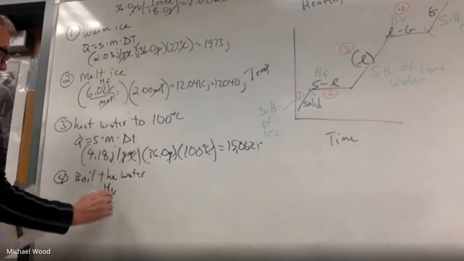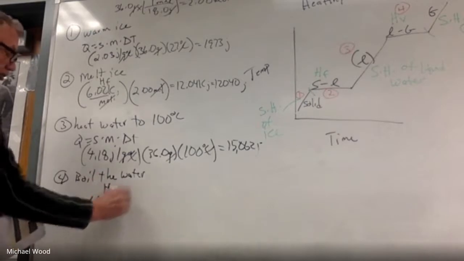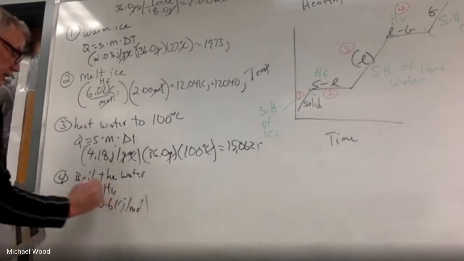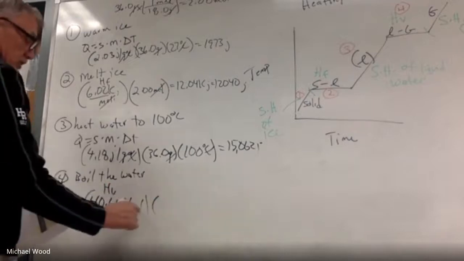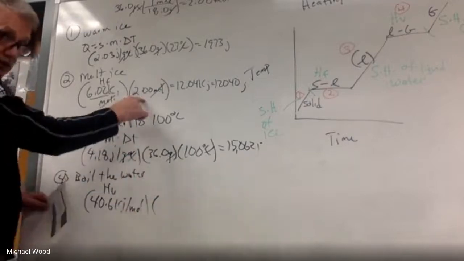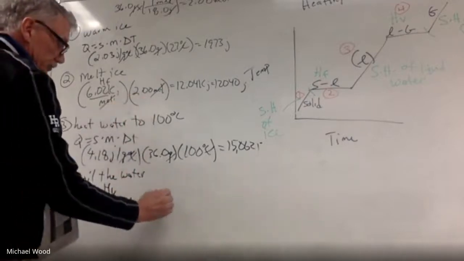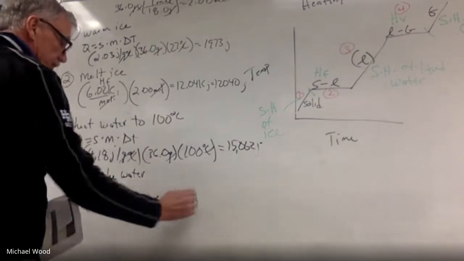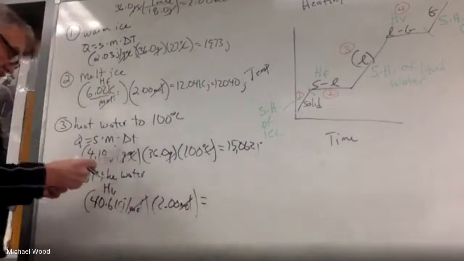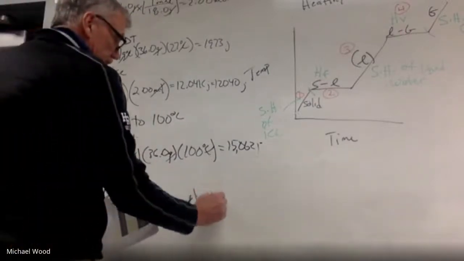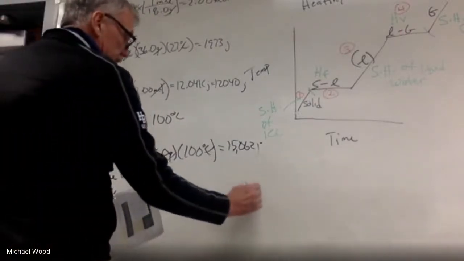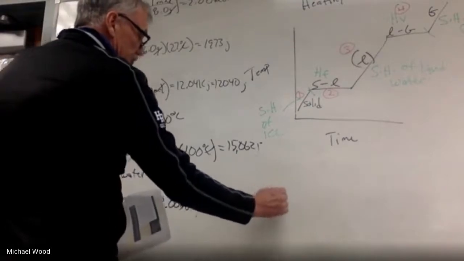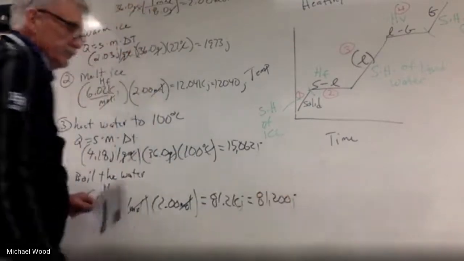I'm not going to expect you to memorize that. I'm sure the AP test is not going to make you memorize that. So since this is moles, just like I did here, I'm going to use 2 moles. Just make sure my units are straight. And that gives me 81.2 kilojoules, which is 81,200 joules.